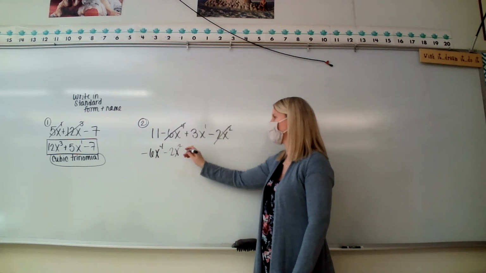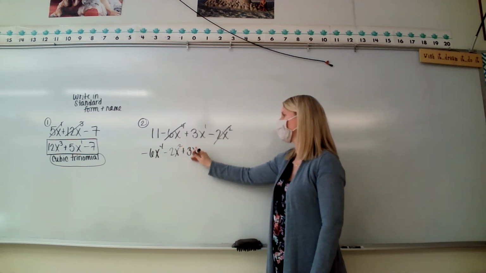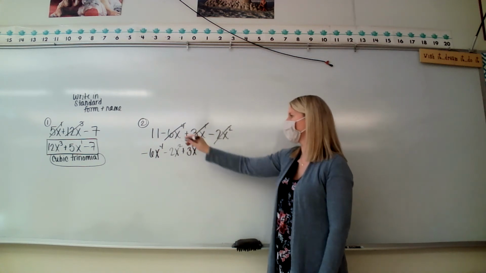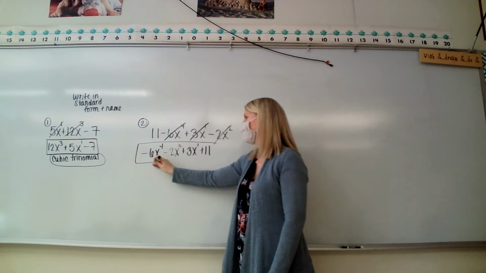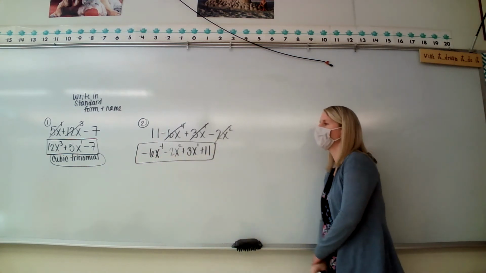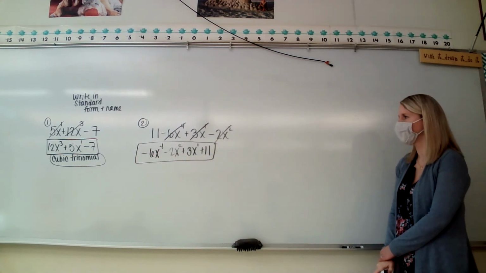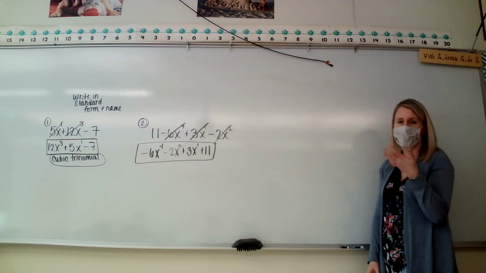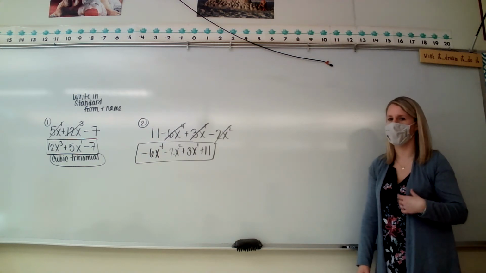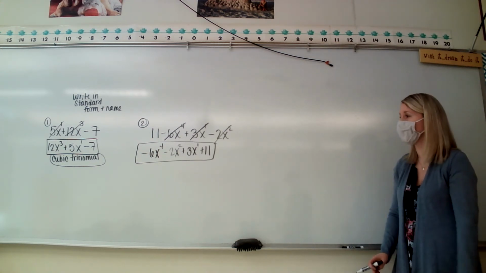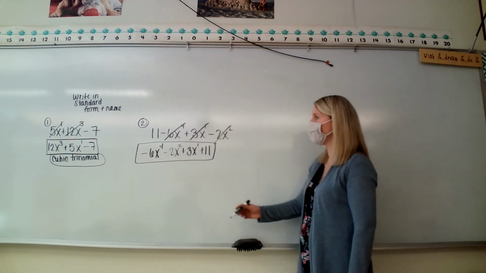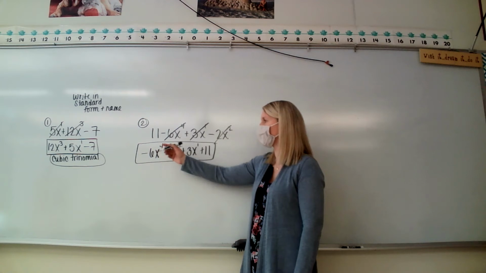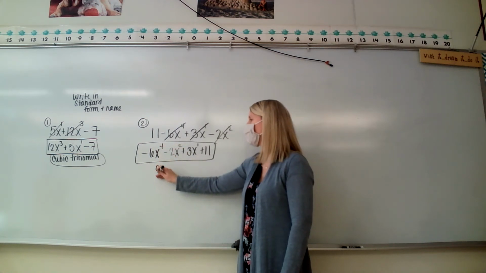And then plus 3x to the 1st, and then plus 11, because that's a positive 11. So we got a nice little polynomial in standard form. And once again, I wouldn't think you would have those memorized because you learned them 3 minutes ago. So use your charts. If my highest exponent is 4, the degree is 4, we call that a quartic.